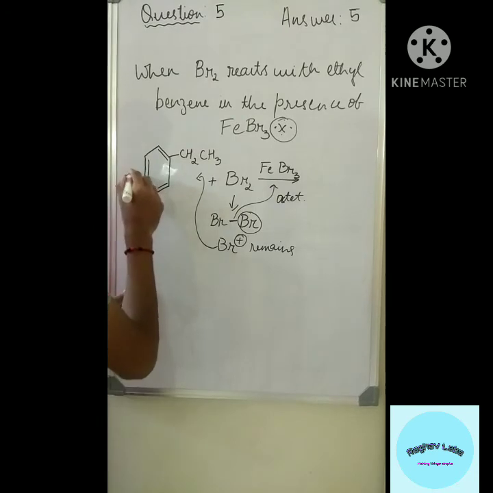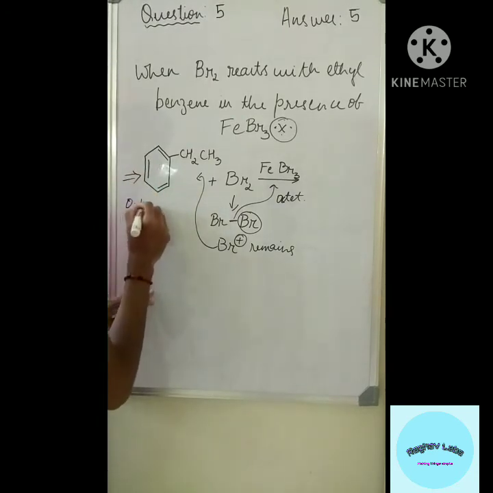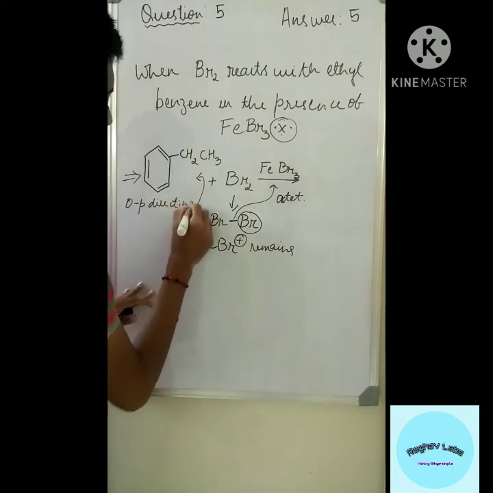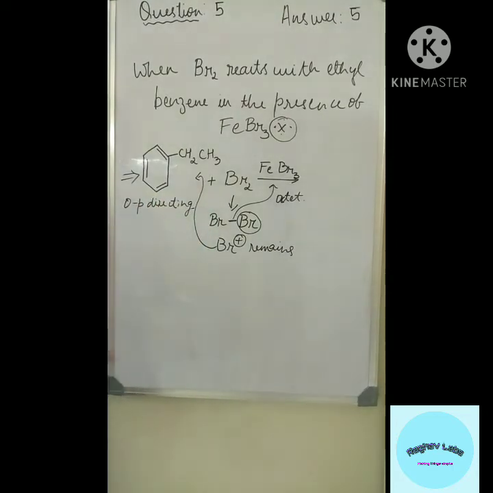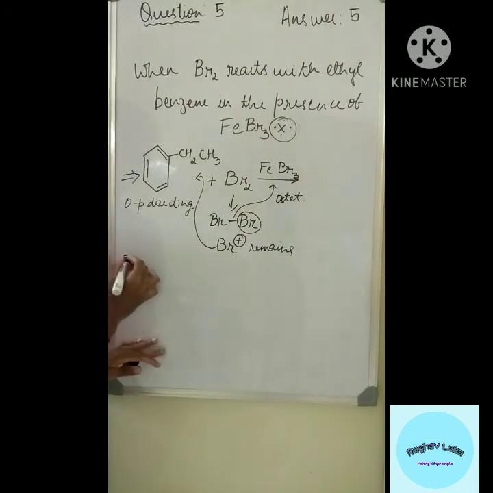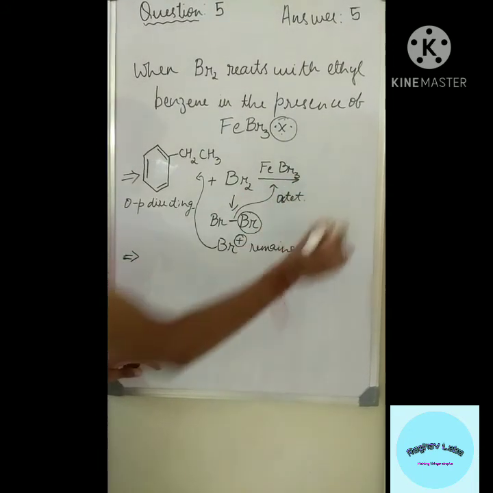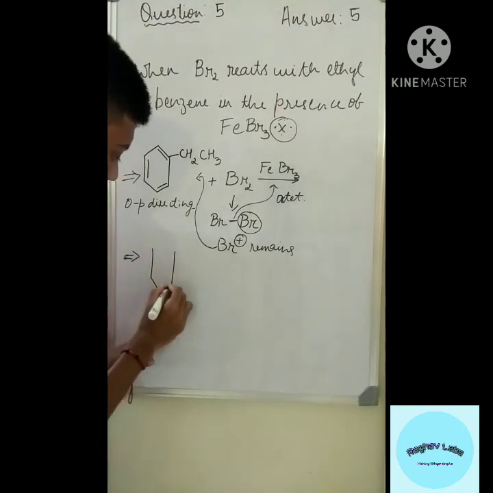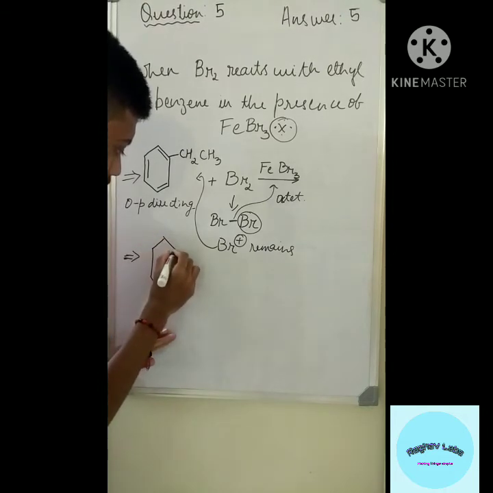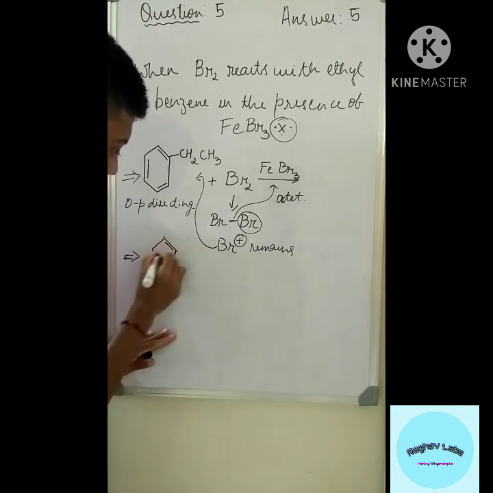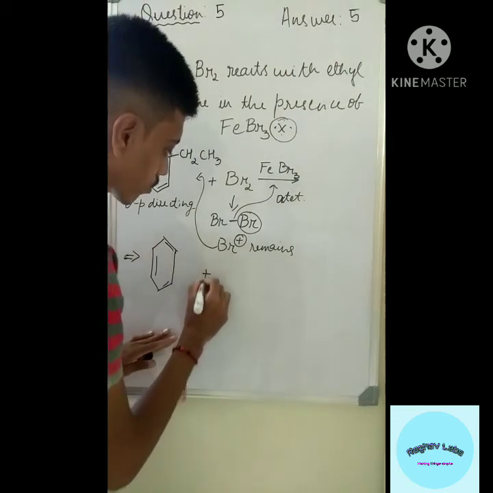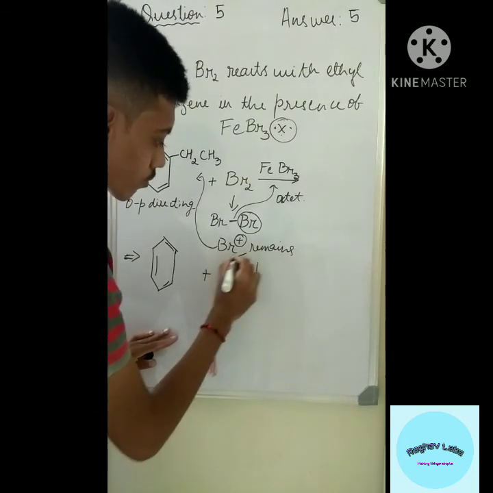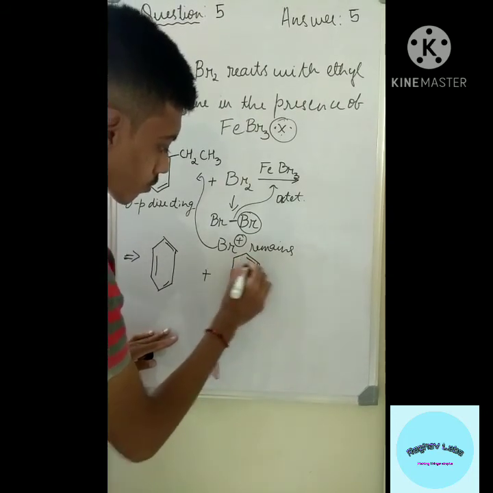And ethyl benzene, as we know, is an ortho para directing group or OP directing group. So the Br should get attached to ethyl benzene either in the ortho place or the para place, right? So the products are, we get two products, right? The major and the minor. So let's see which is the major product and which is the minor product.